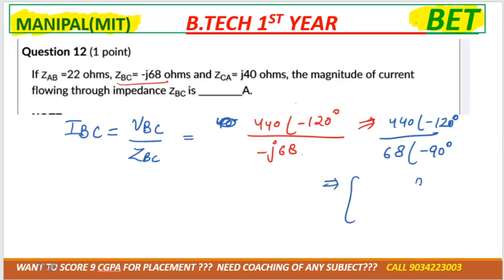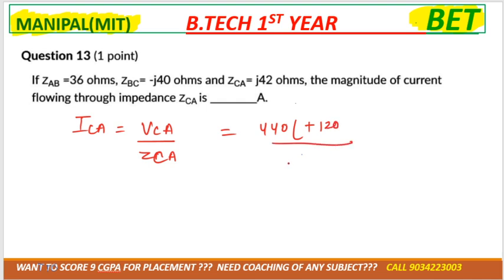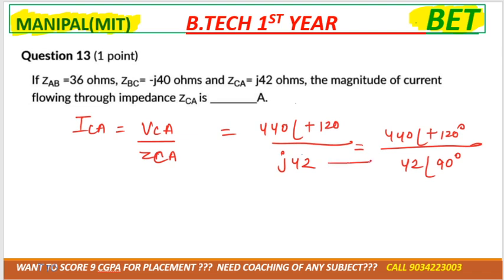You can solve it, then you will get the answer for IBC. ICA is VCA divided by ZCA. So that would be 440 angle plus 120 divided by ZCA, which is J42. So it would be 440 angle plus 120 degree over 42 angle 90 degree. Convert it to polar form and you will get the answer.